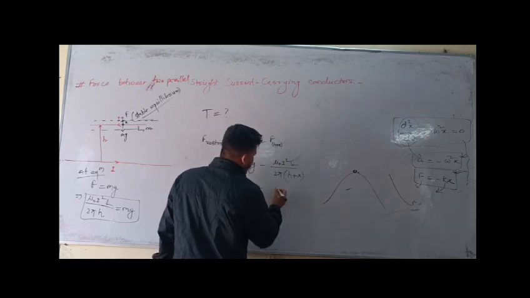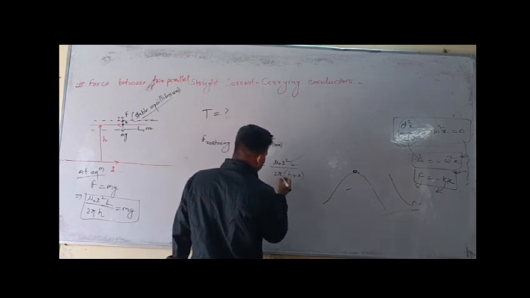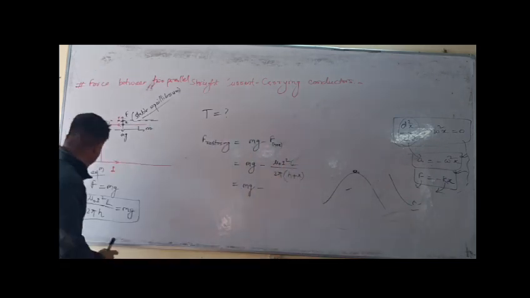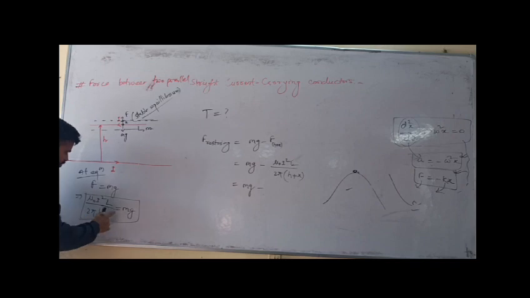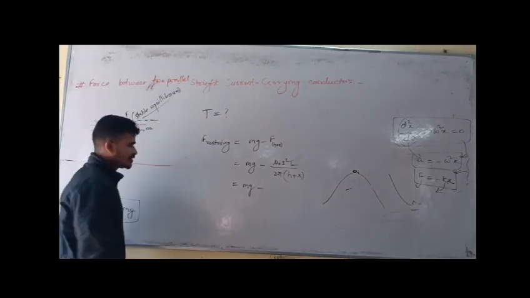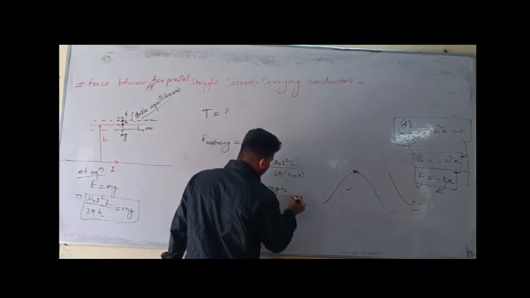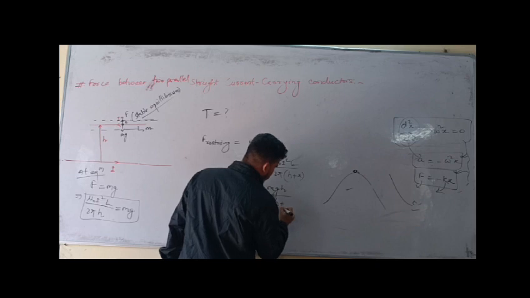Mg minus, tell me, mu naught I square L by 2 pi equal to what? Mg into h. So this term is mgh, divided by h plus x.